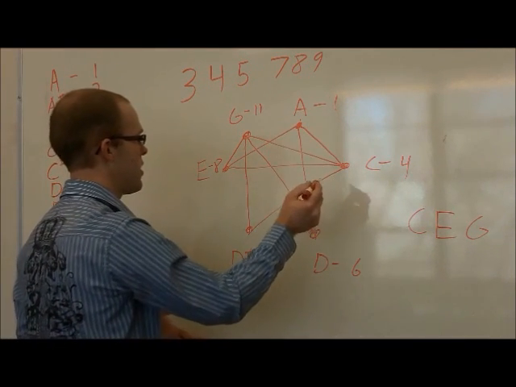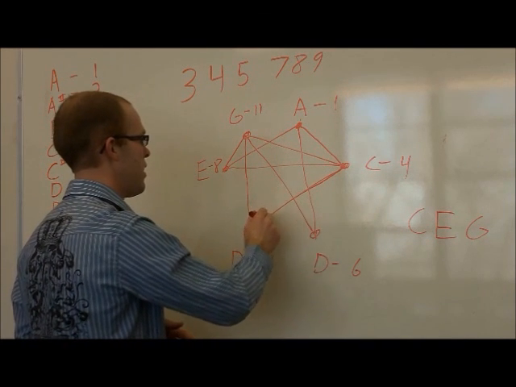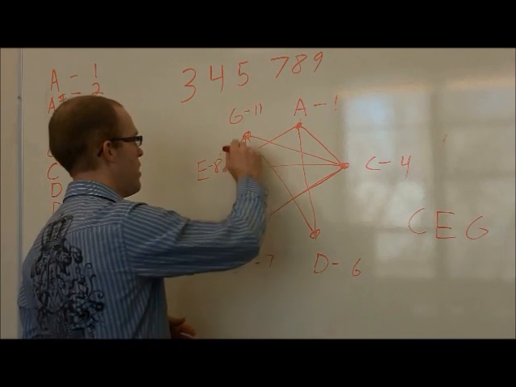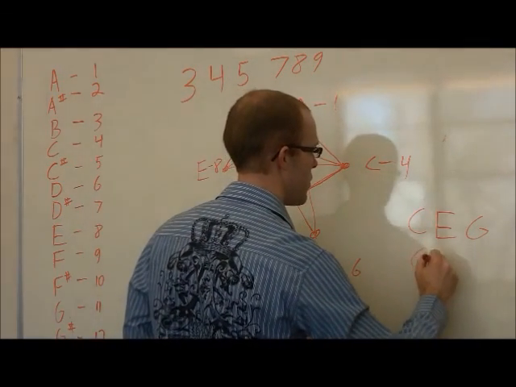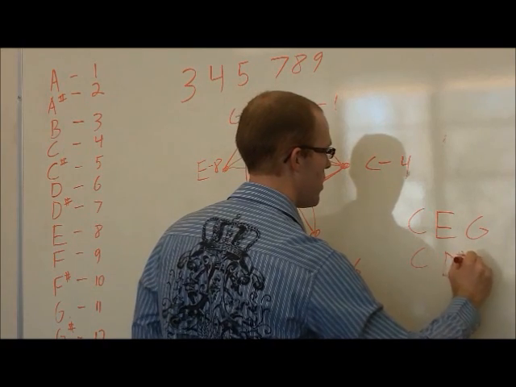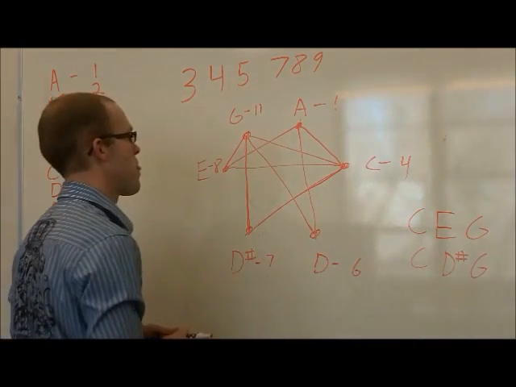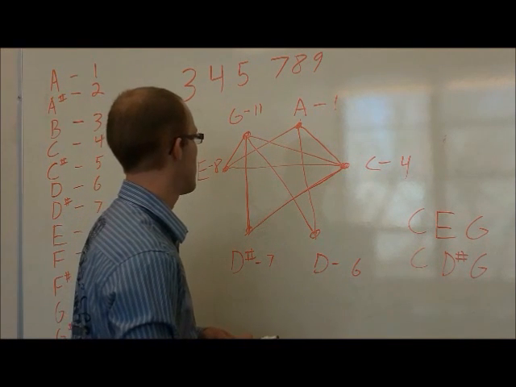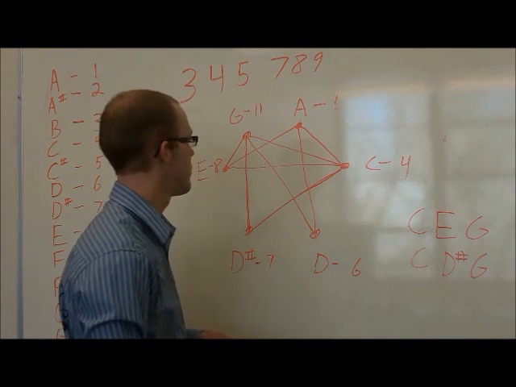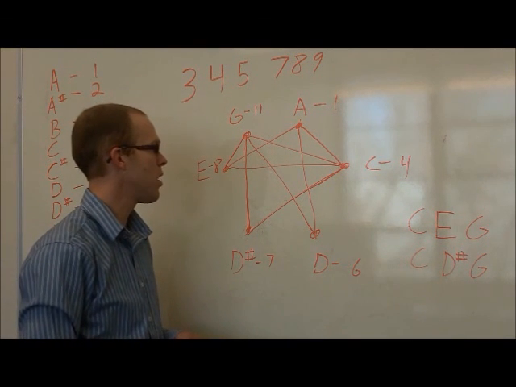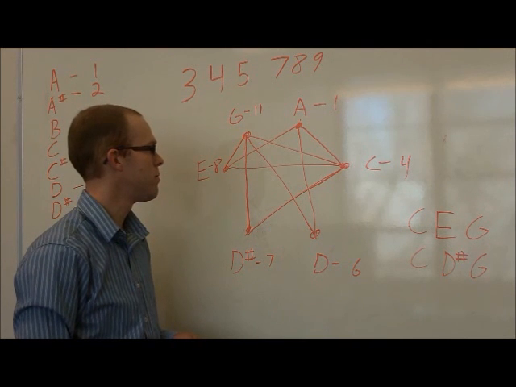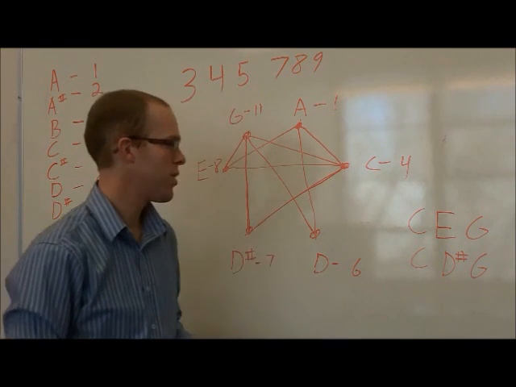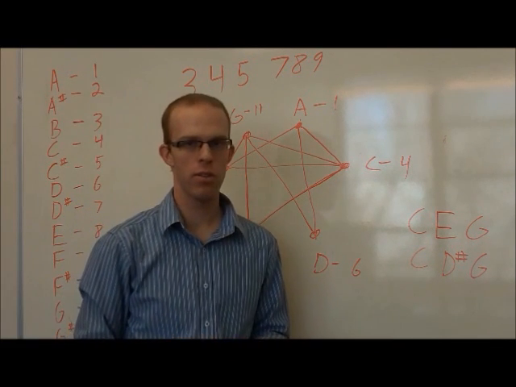Another triangle that I can see off the top of my head is C, D sharp, or E flat, G. Those are the only two I see off the top of my head. So those are the two basic harmonic chords that we can find in that scale.